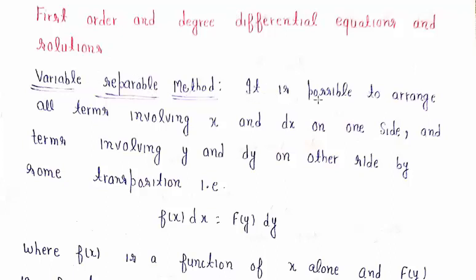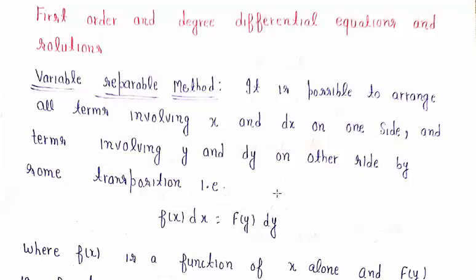So it is possible to arrange all the terms involving x and dx on one side and the terms involving y and dy on the other side by some transposition. f(x) dx equals f(y) dy, where f(x) is a function of x only and f(y) is a function of y only.